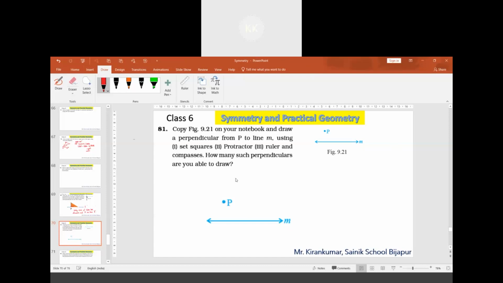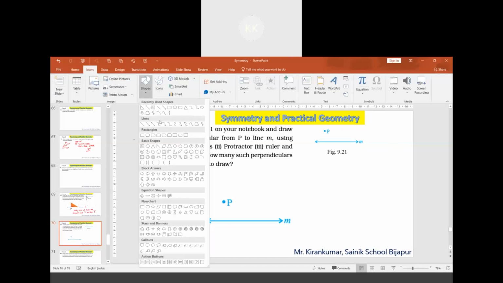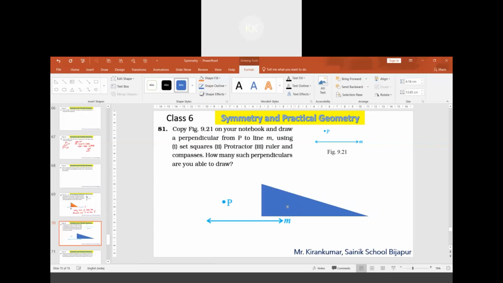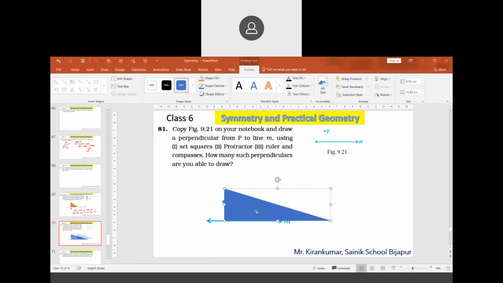It's a right-angled triangle. Think that it is another set square. You have to place this set square at this point. So here, if you draw the line, this line will be perpendicular.